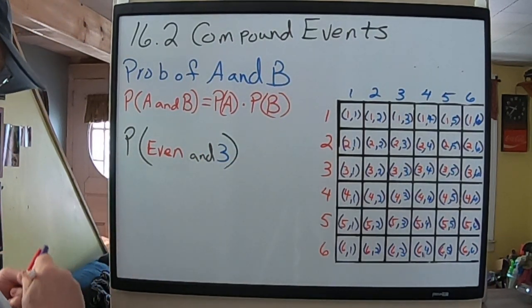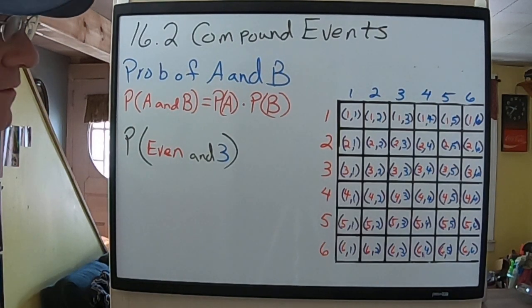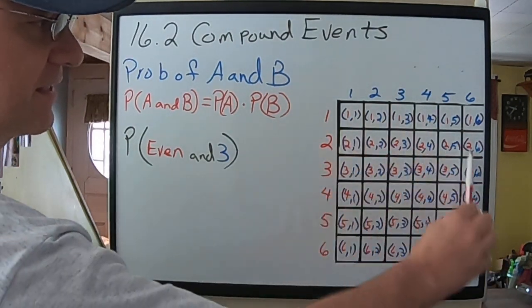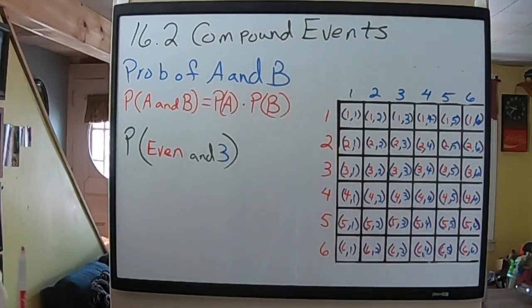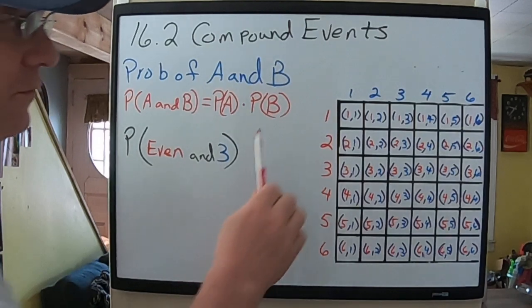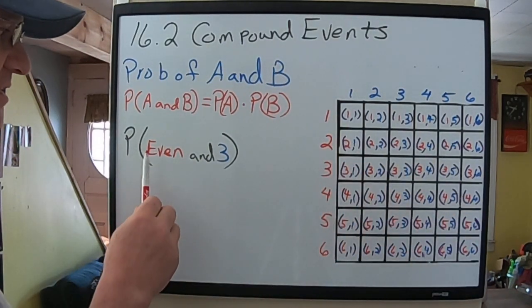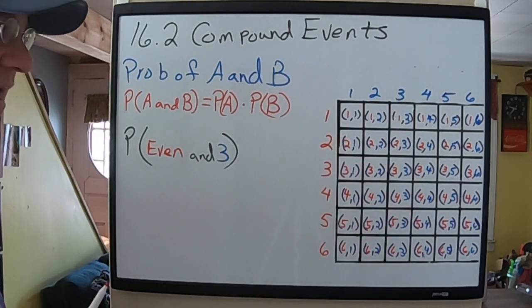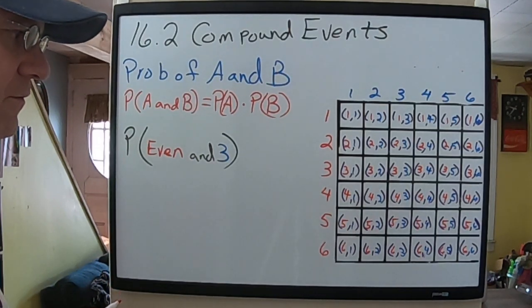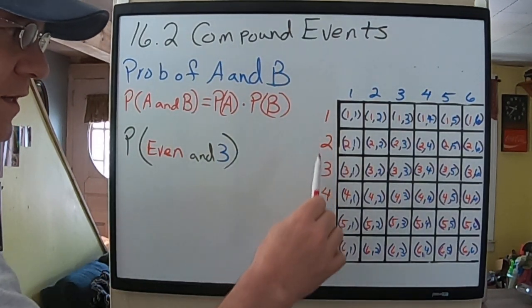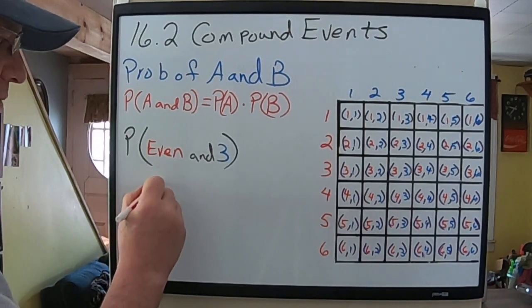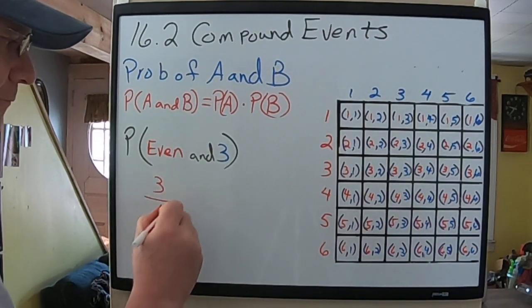Well, the red being even, there are 36 possible things here. Or we can just say, we don't even have to use that. Let's just think of a six-sided die being even. There's 1, 2, 3 of them. So 3 out of 6.